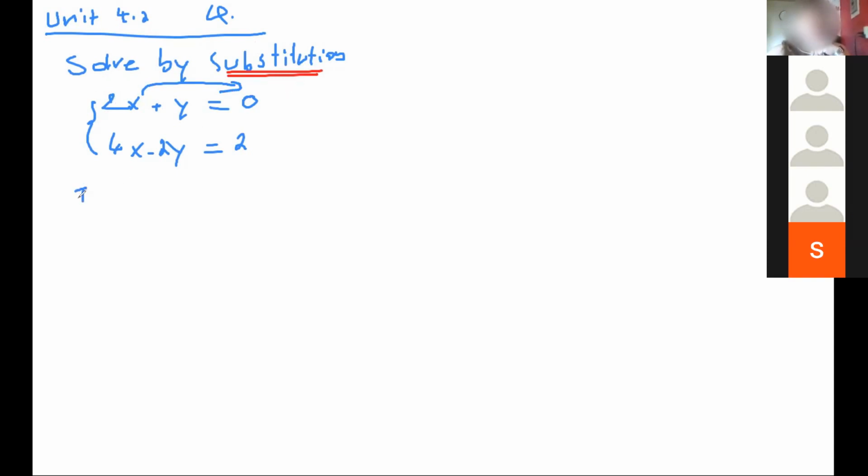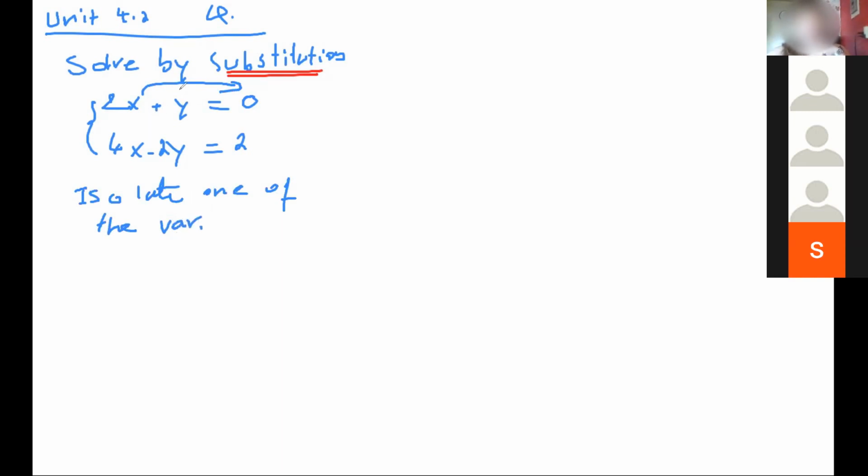So isolate. If you don't have a variable that's already isolated, isolate one of the variables.